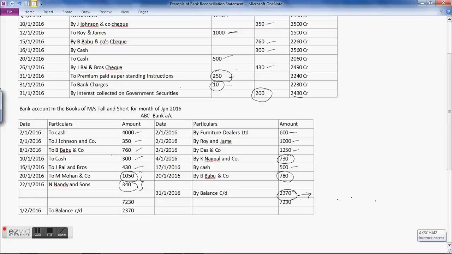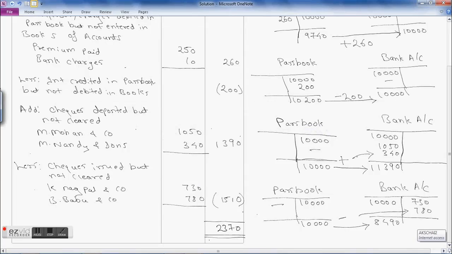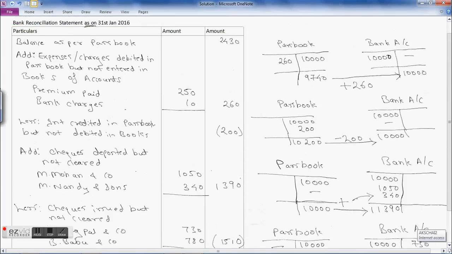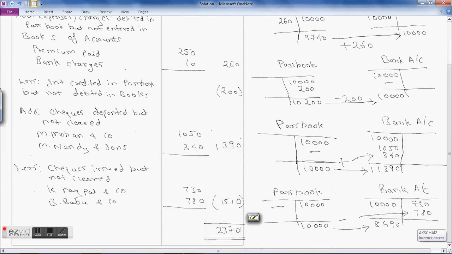Okay, 2370. So whenever we are preparing a bank reconciliation statement and if we are starting from the passbook, we have to arrive at a balance as per our books of account. So this is the balance as per books as on 31 Jan 2016.